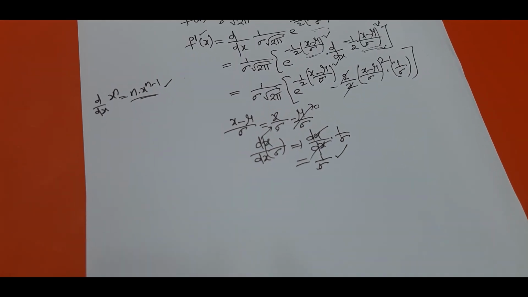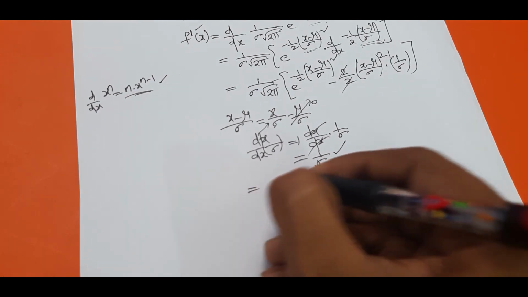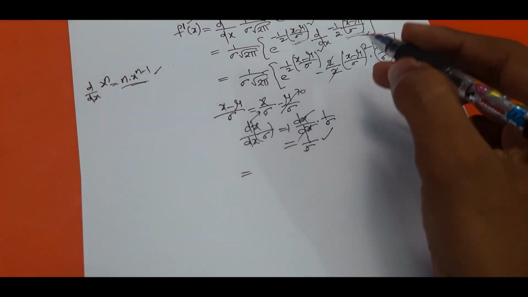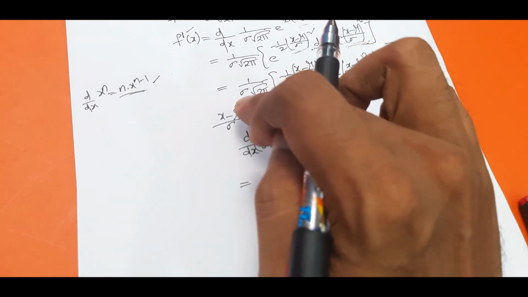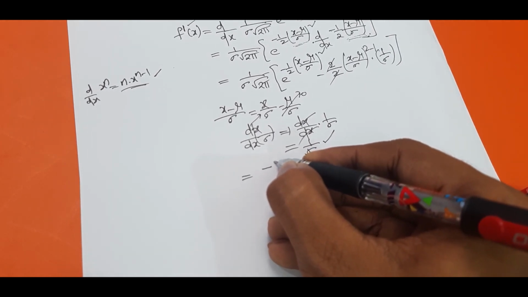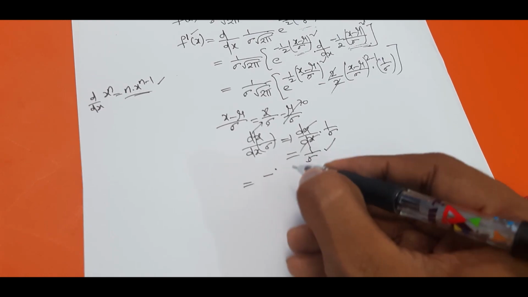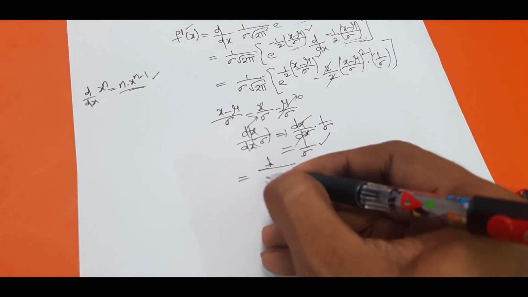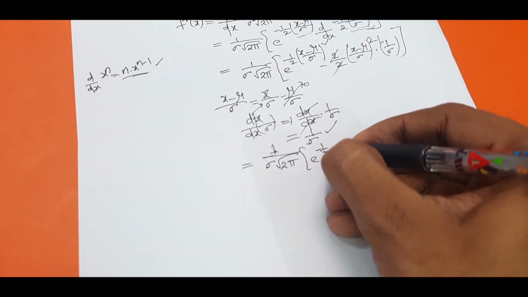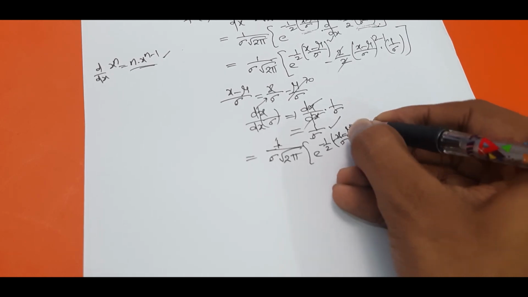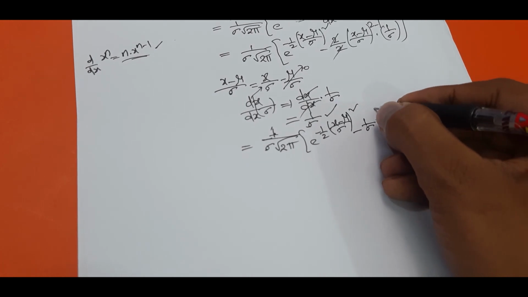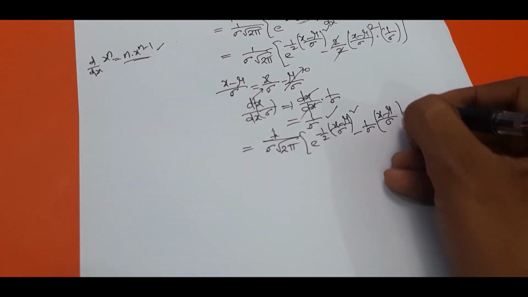Now, how can we write this? There is a minus 1, so put this minus outside. Before that step, I have to write this: 1 divided by sigma into root 2 pi, e power minus 1 divided by 2 (x minus mu divided by sigma) whole square, minus 1 divided by sigma into (x minus mu divided by sigma).